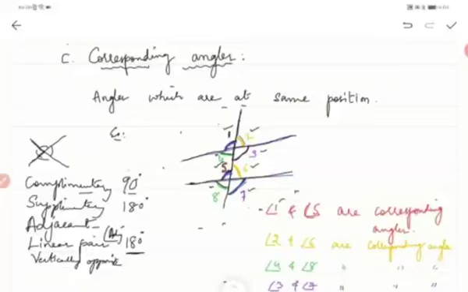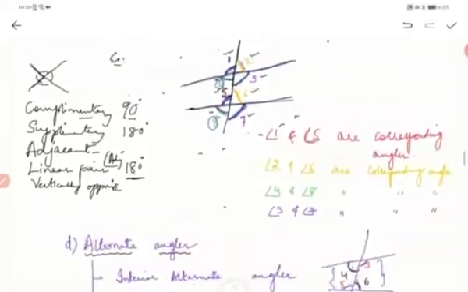Then 2 and 6, and the position of 3 is down here, so it matches with 7. 3 and 7 are at the same position, and one more is 4 and 8 at the same position, isn't it? Down, down. All right, so these were your corresponding angles.